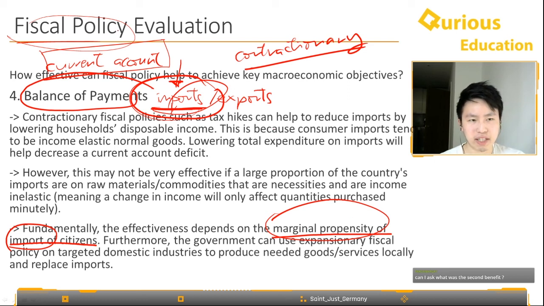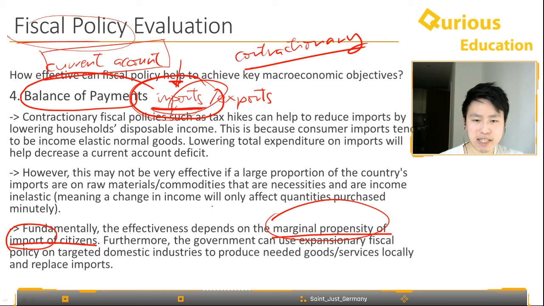So even if people are earning more, they might import less, and as a result, in Germany, if you're implementing contractionary fiscal policy to help with the current account, it might not be very effective, because even though you're decreasing the incomes of Germans, they don't import a lot anyway, so it doesn't really help.